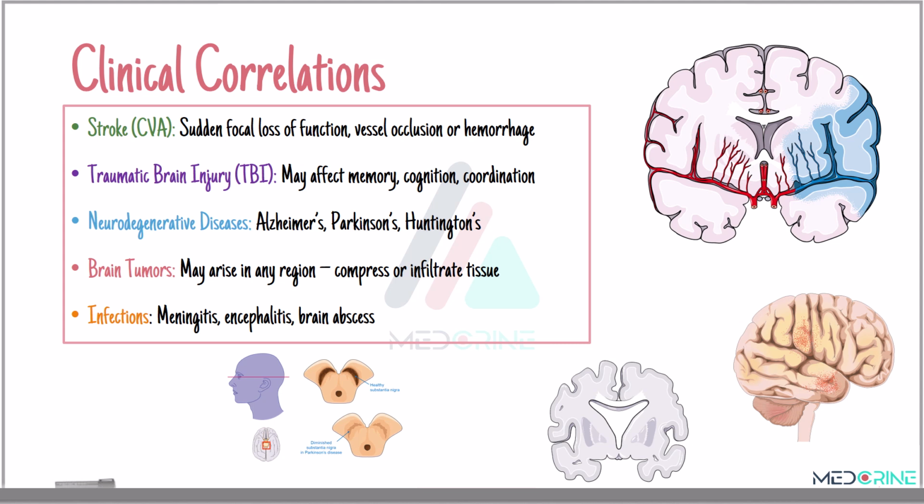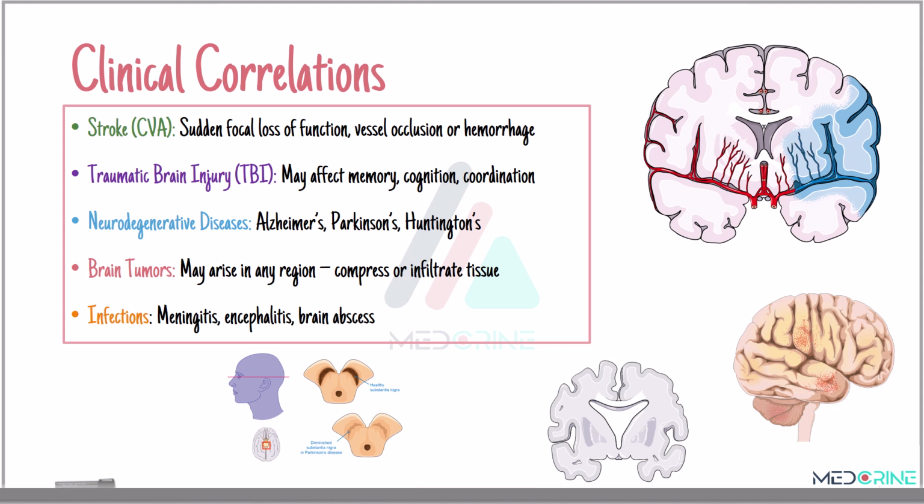And lastly, what are the clinical correlations to the human brain anatomy? The understanding of the brain has profound clinical implications. For example, stroke results from vascular occlusion or hemorrhage causing focal neurological deficits. Then we have traumatic brain injury, which can disrupt memory, cognition, and coordination.